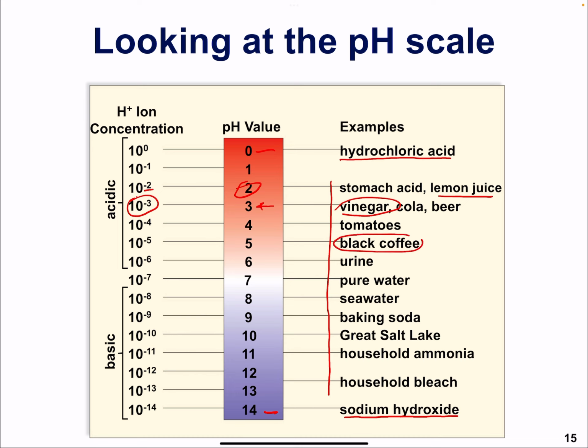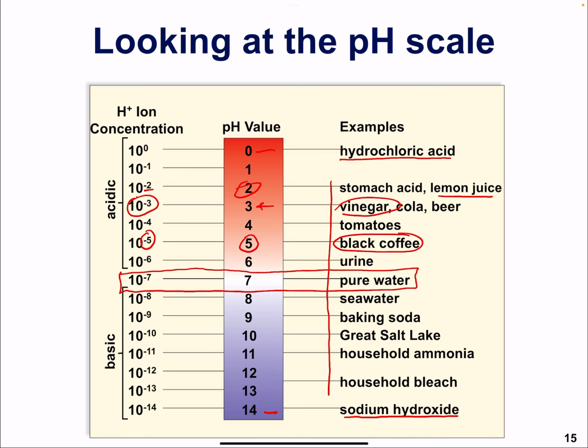Coffee has a pH of around 5. This is an acidic drink. The concentration is 10 to the minus 5. So you can go on like that. There is only one substance that is absolutely neutral. It's pure water.